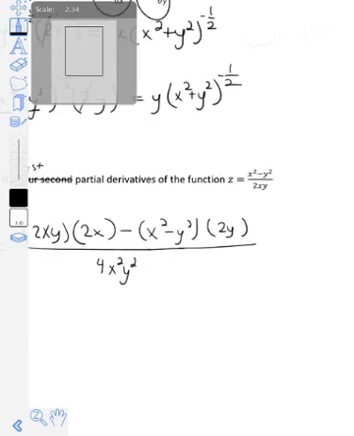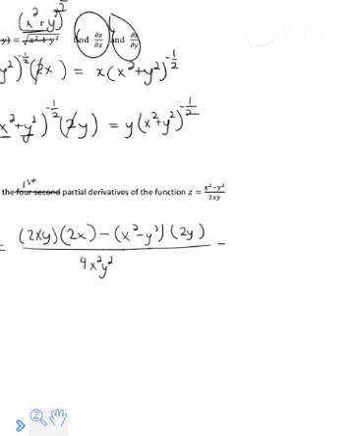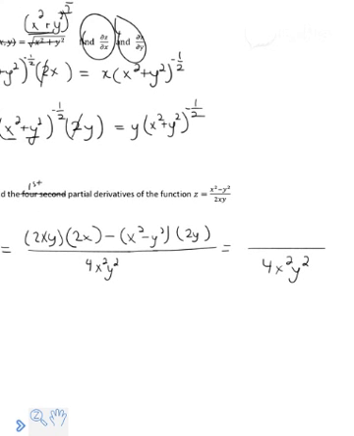Now, cleaning this up a little bit, here we're going to have, if we combine that right there, we're going to have 4x squared y, and then combining that, we're going to have minus 2x squared y plus, the reason it's plus is because we have minus and negative there, 2 negatives, so plus 2y to the third.